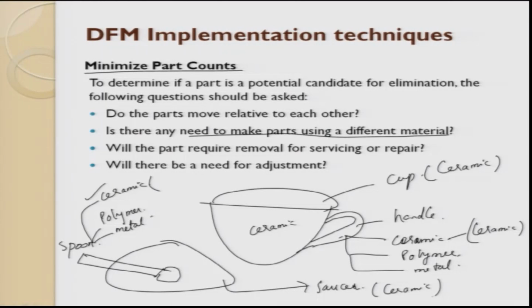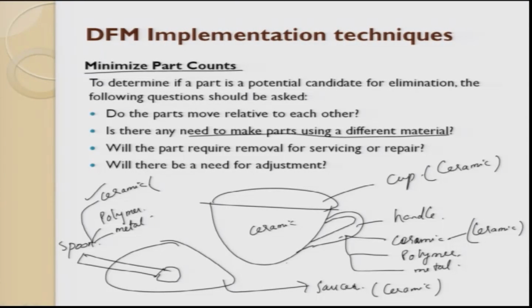Okay. Now, will the part require removal for servicing or repairing? If you make it out of other material, yes, and if you make it out of ceramic, it is not required, but still this has a lot of space at the top and bottom. So, servicing of this, that means washing of this, does not have any problem. Will there be a need for adjustment? Definitely no in this cup.